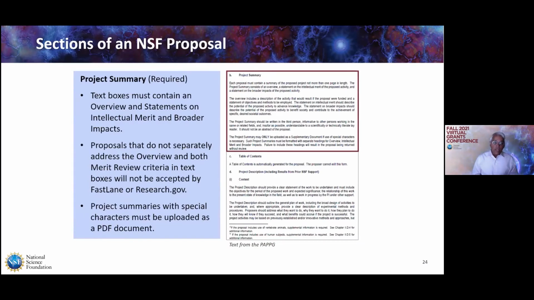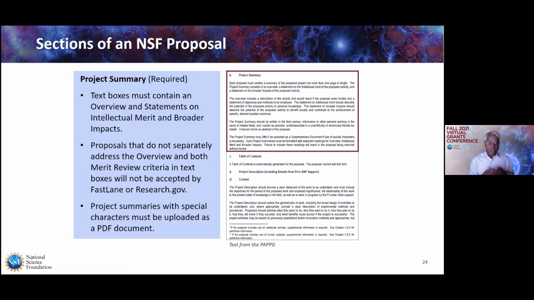The project summary is a document that succinctly provides information about an overview of the proposal, of the idea that you're proposing in your project, as well as what intellectual merit and what broader impacts your project will have. Quite simply, intellectual merit is answering the question of what new knowledge is your project going to create, and broader impacts is answering the question of how will society benefit from NSF having funded this project, right? So those are the questions you're answering.